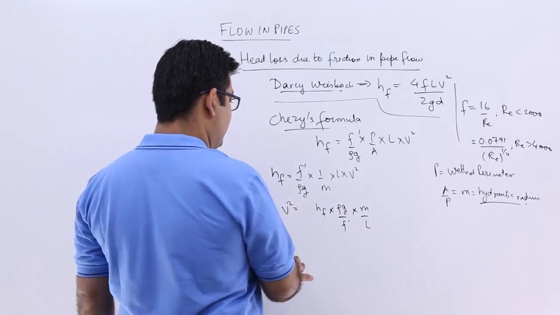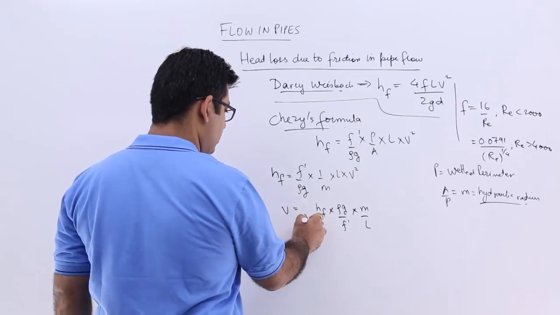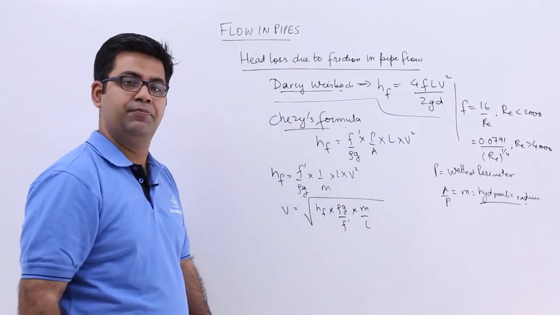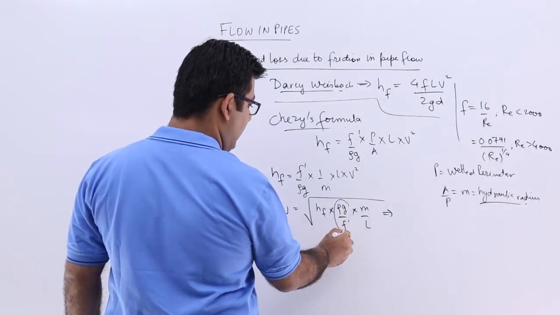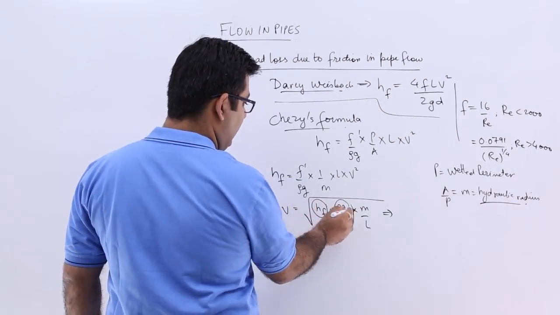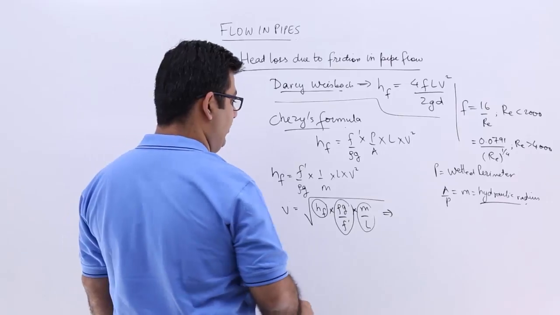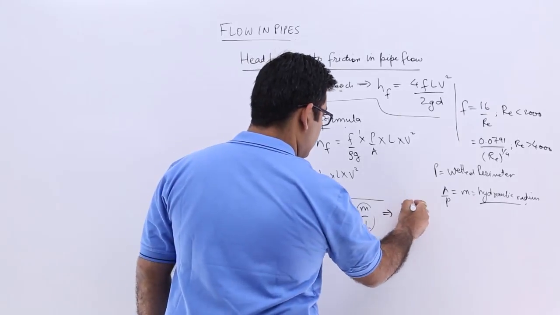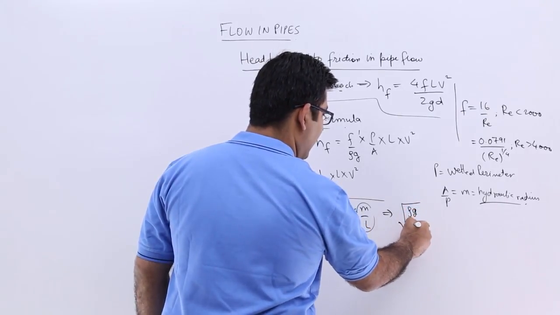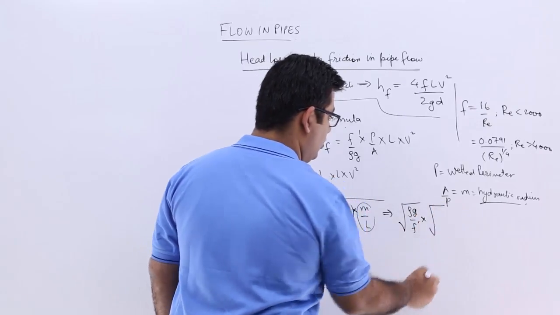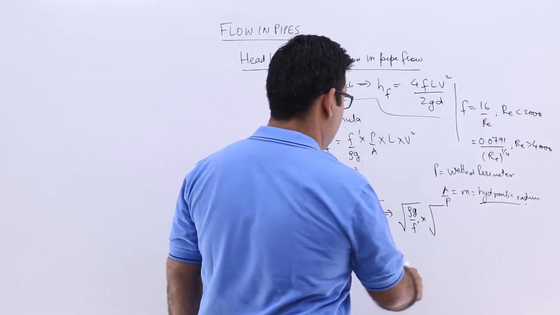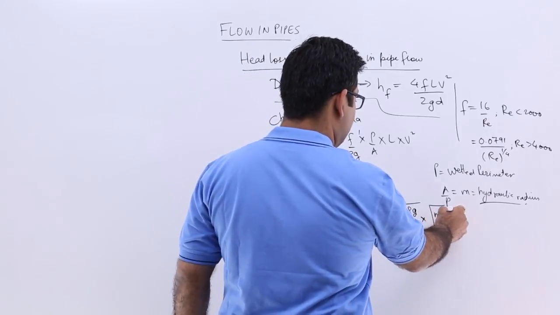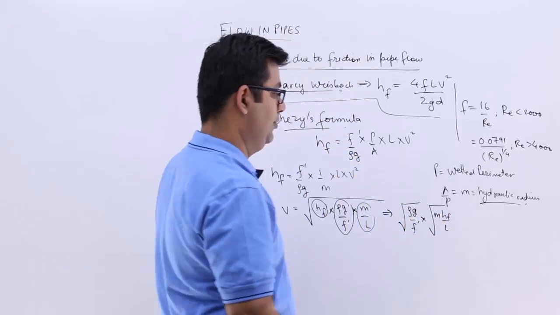Let's take the square root of this. When you take the square root, let's group this part, and then you can group these factors as well. So you will get under root rho g upon F dash into under root m into hf upon L.